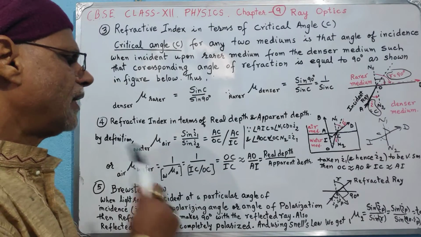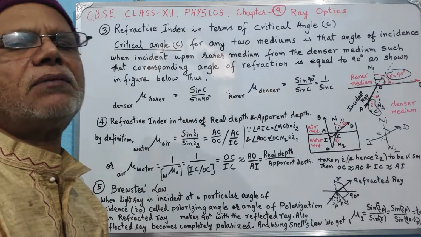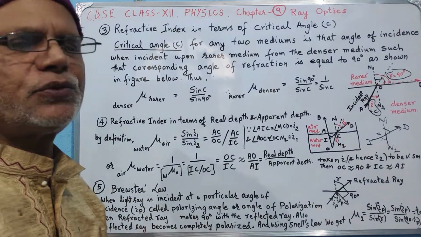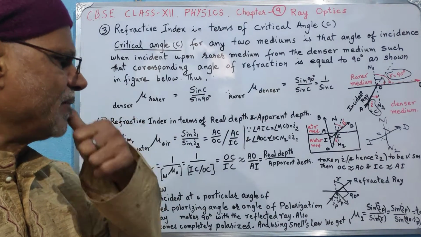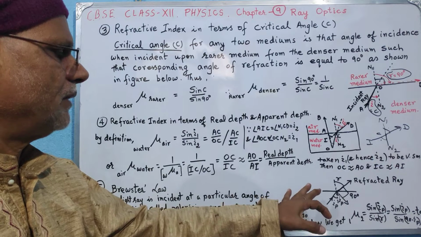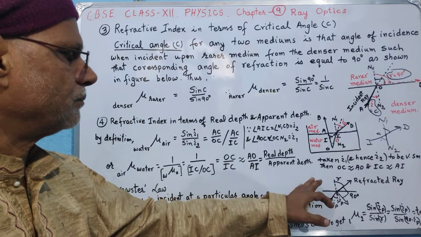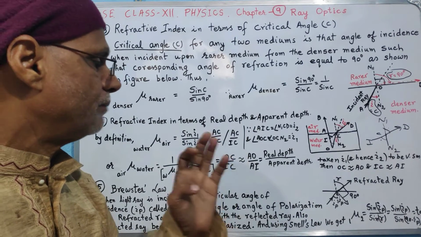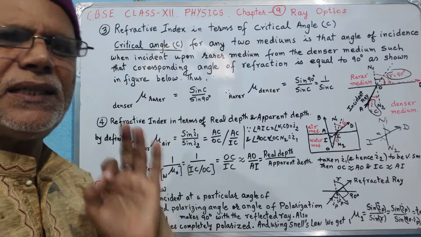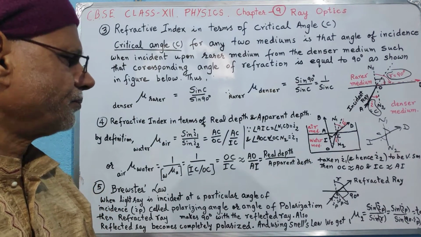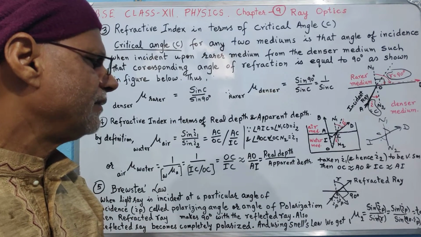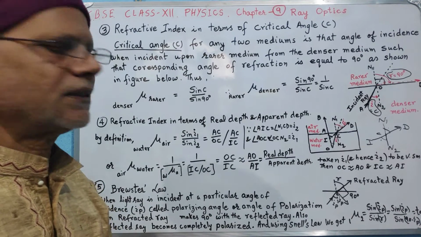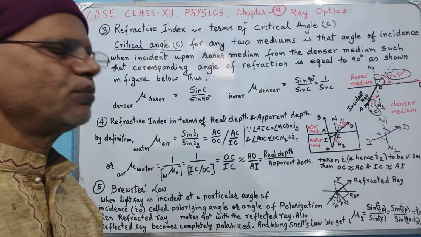Now it was discovered by Brewster that whenever a light ray is incident on an interface separating two media, and the light is transmitted through the other medium, then for a particular angle of incidence, the refracted ray and reflected ray are at 90 degrees to each other, and in this case the reflected ray and refracted ray both get polarized.